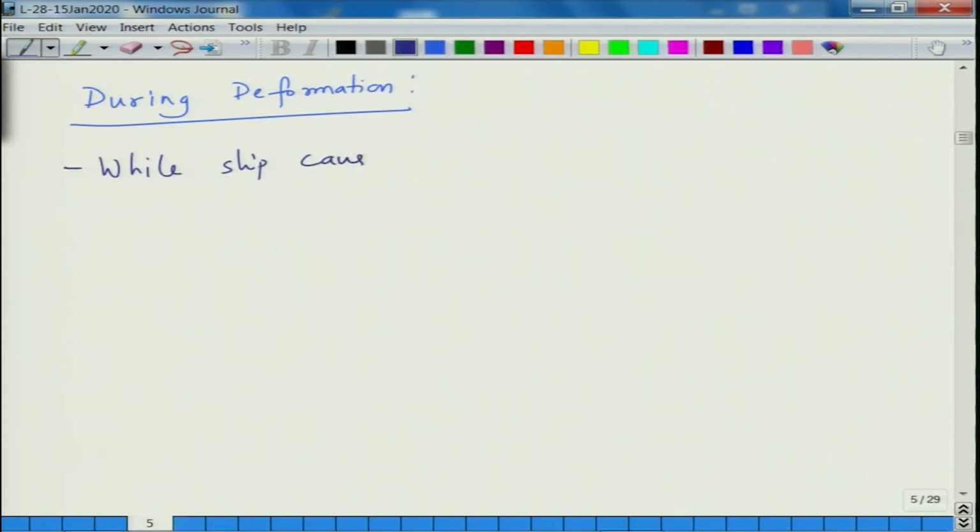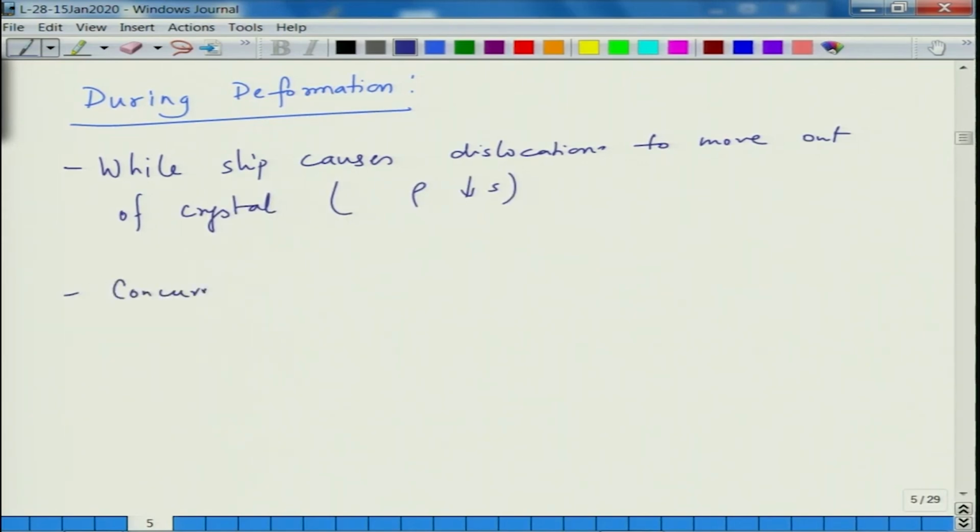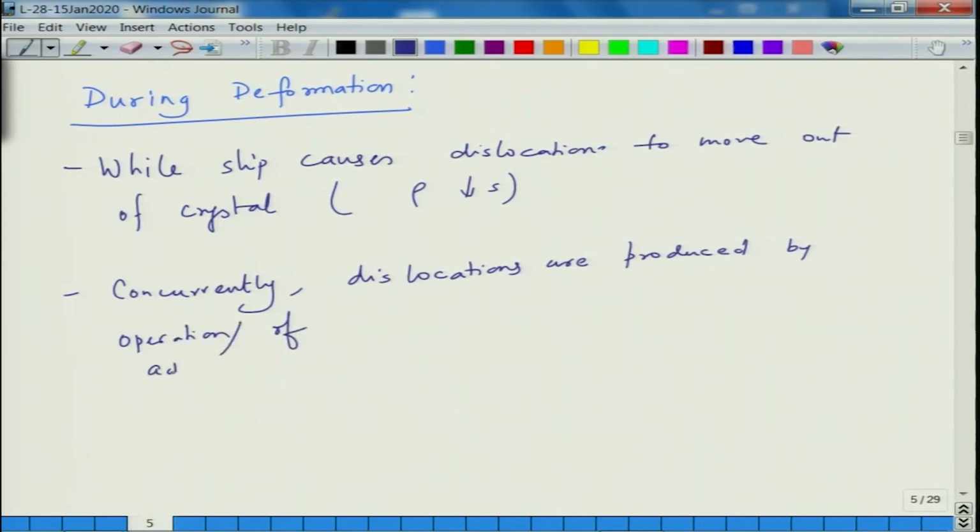While slip causes dislocations to move out of the crystal, which means rho should reduce, concurrently, dislocations are produced by the operation or activation of dislocation sources.